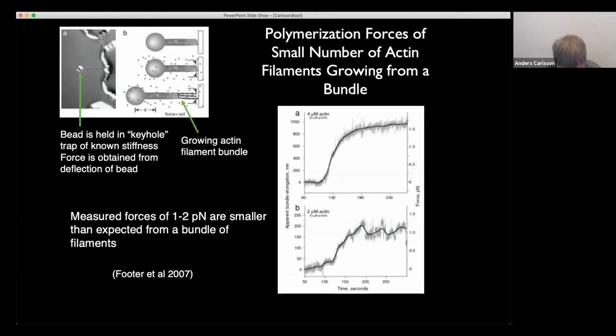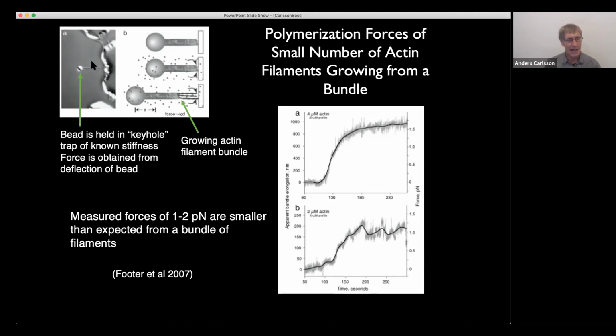Okay, and now you can work your way up and look at progressively larger numbers of filaments. So here is an experiment where this whole entity, called an acrosome, has a bead attached to it. Filaments get grown out of that entity.